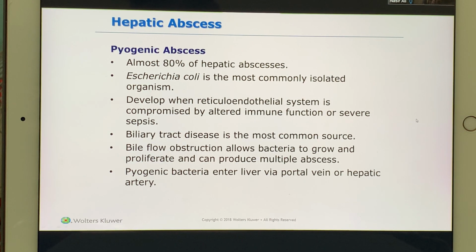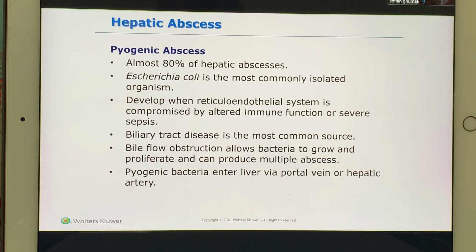It has something to do with the reticuloendothelial system, where it affects our immune system, and it can cause severe sepsis. Biliary tract disease is the most common source. The biliary obstruction allows bacteria to grow and proliferate and can produce multiple abscesses.